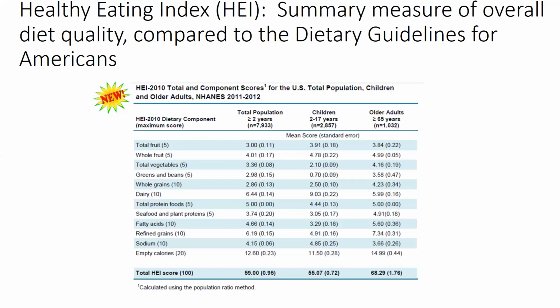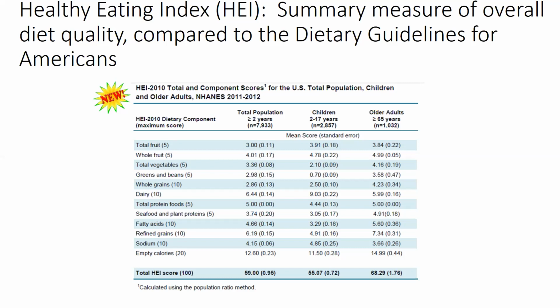Basically, it is looking at 24-hour recall or other dietary data and giving everyone a score based on how many servings they got. So if someone's getting all their recommended servings of fruit and vegetables and whole grain and dairy, they get the max score. If they're meeting the recommendations for limiting their refined grain, sodium, empty calories, they also get the max score.